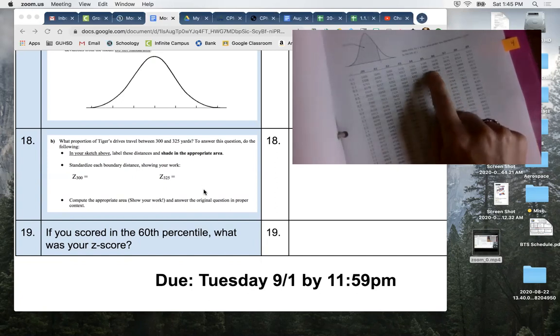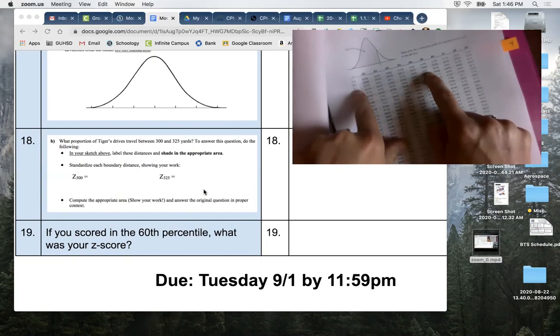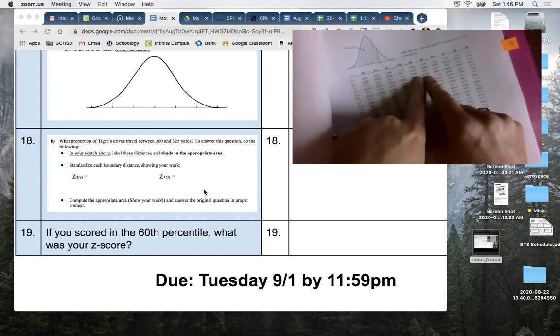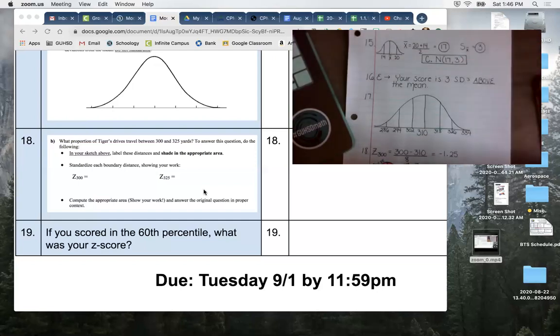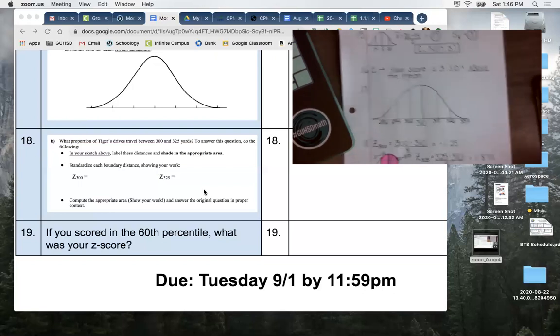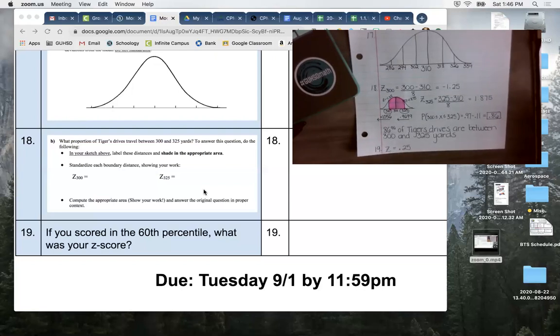Okay, it's in between these two values, 0.5987 and 0.6026. It's actually closer to this 0.5987. So when I followed that back, I have a z-score of 0.2 and follow it up, 5. That would be about the percentile. Again, that's just something that's foreshadowing our learning for our next lesson, but I just wanted to put another one in there. So it would be a z-score of about 0.25.